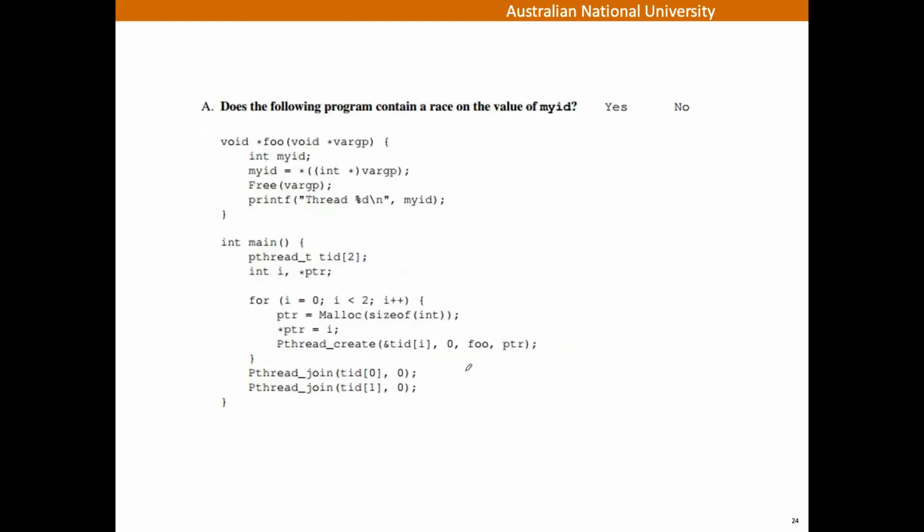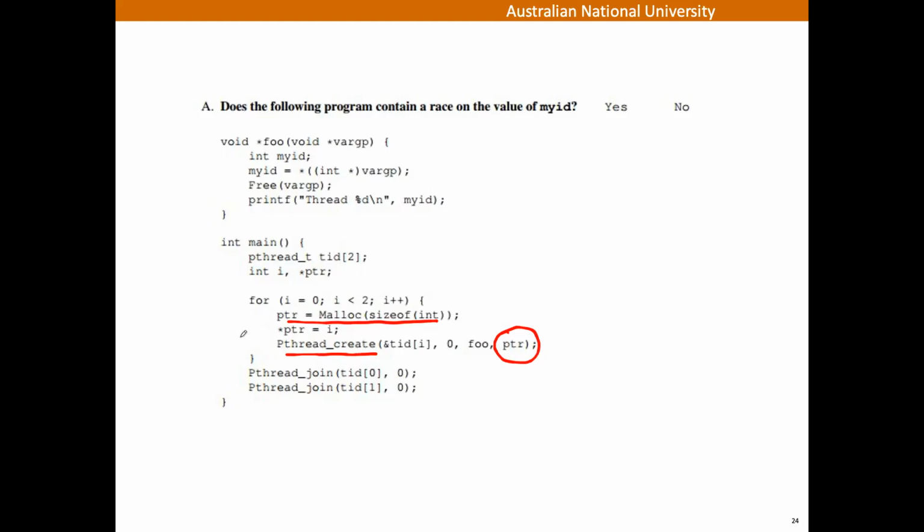Okay, main thread, what is it doing? It's creating 2 threads and it's passing as argument a pointer: it allocates an integer on the heap, and it passes the address.